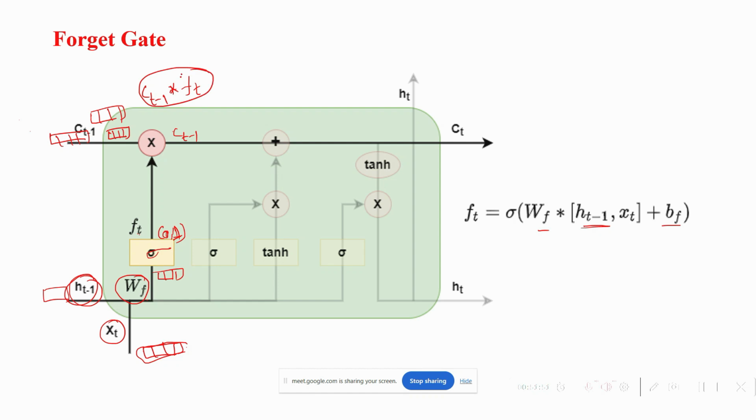So that much information is forgotten from the long-term memory, and the remaining information is carried forward to the next layer as input. That is called CT. CT is how much information is forgotten with the help of the sigmoid value. CT minus 1 is multiplied by FT, and that much information is carried forward to the next layer as input. That is the purpose of the forget gate.